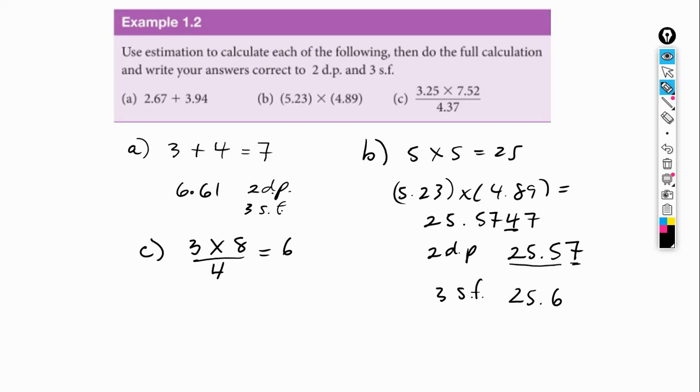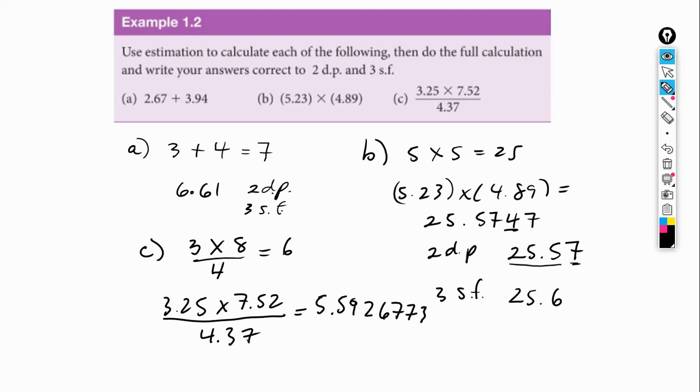But if we do the exact calculation in the calculator, we put the 3.25, multiply that by 7.52, and the result of that divided by 4.37, we're going to get that this equals 5.5926773, etc., right?